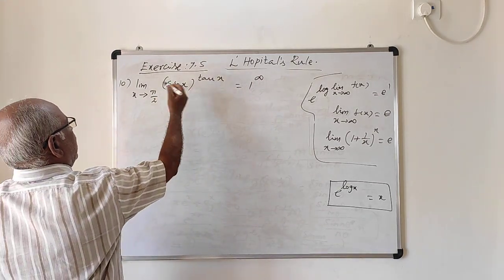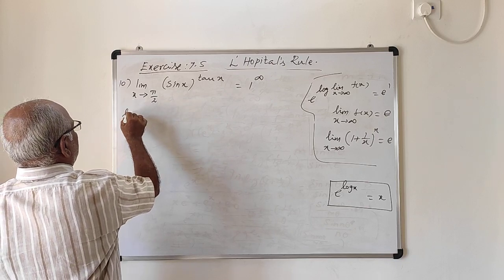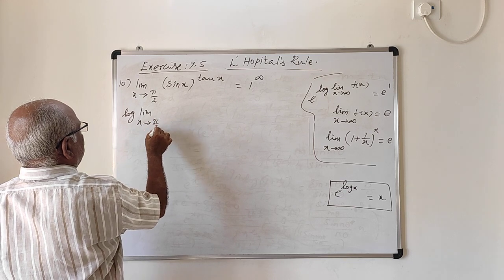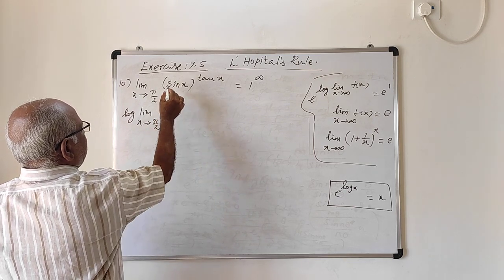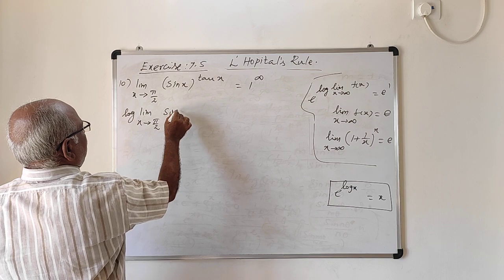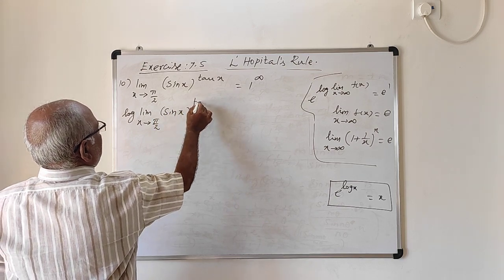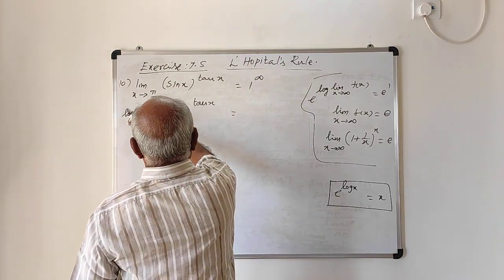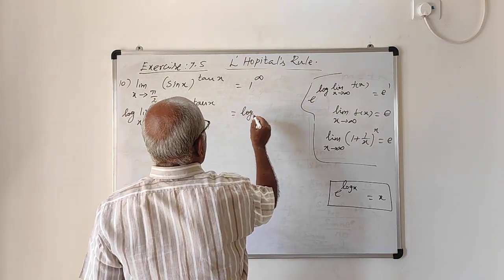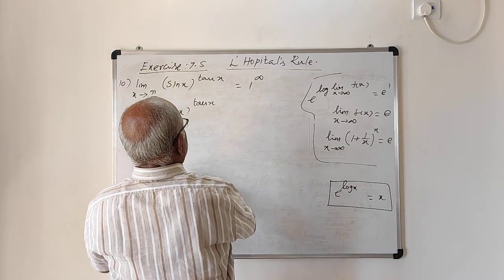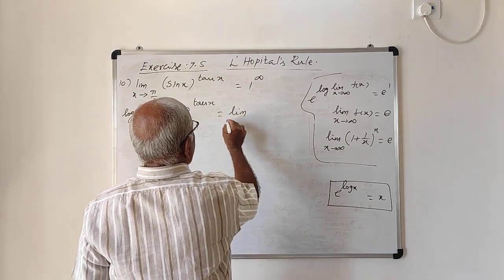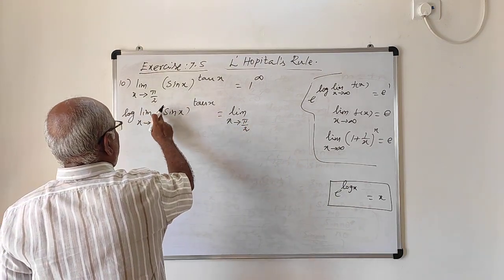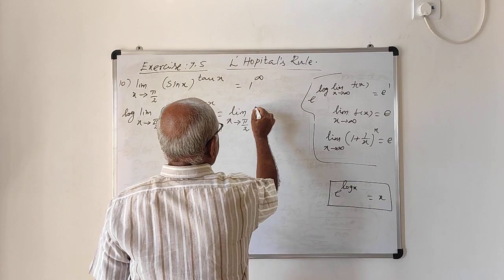For that, again taking logarithm, log of the limit x tends to pi by 2 of f of x, which is sin x power tan x, is equal to the limit x tends to pi by 2 of log of sin x power tan x.